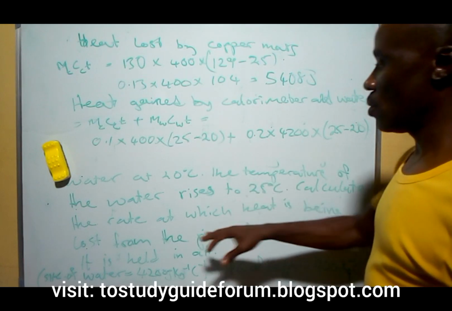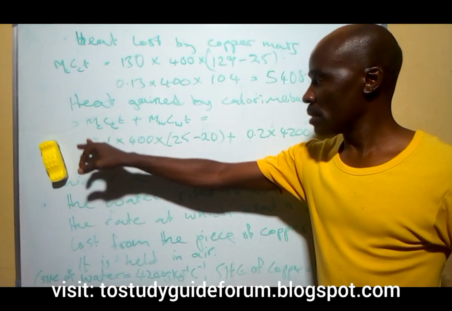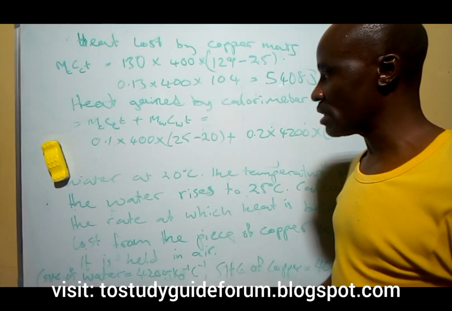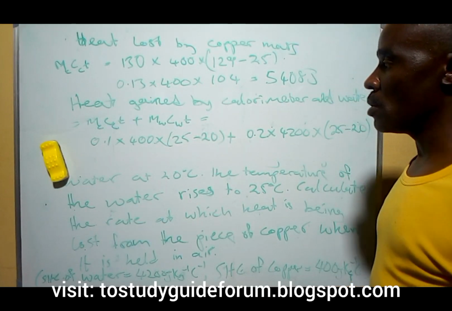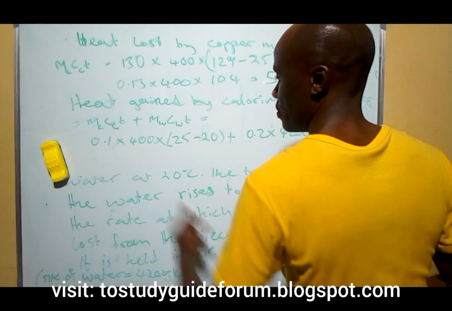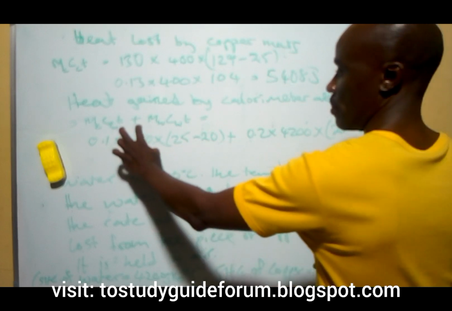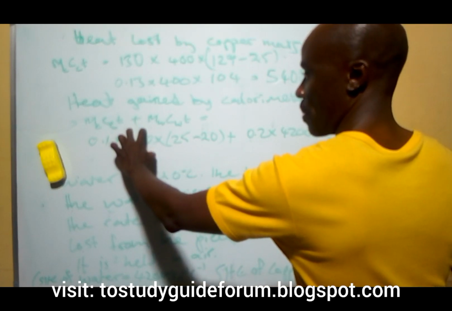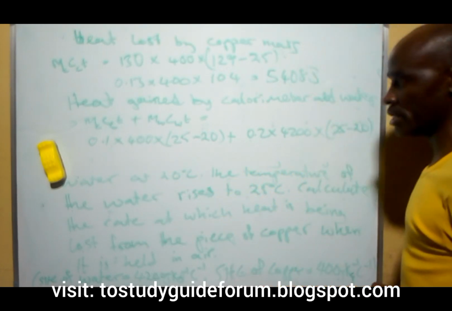In that case, we know the mass of the calorimeter is 100 grams. Converting it to kilogram, we have 0.1, and the specific heat capacity of the copper calorimeter is 400.